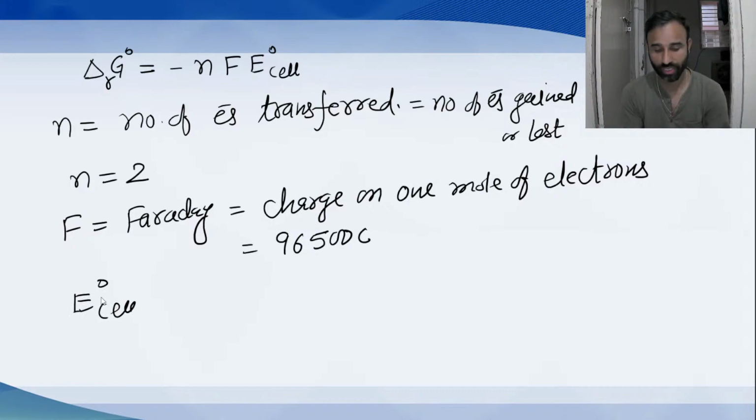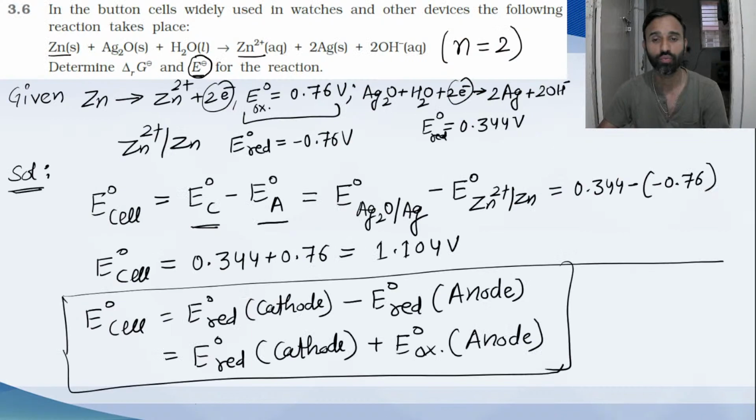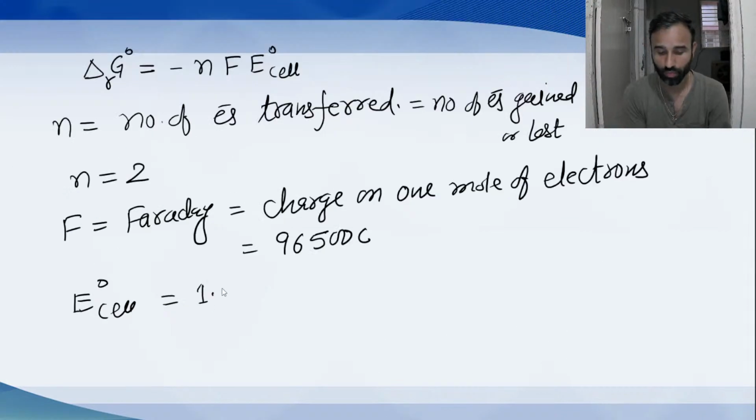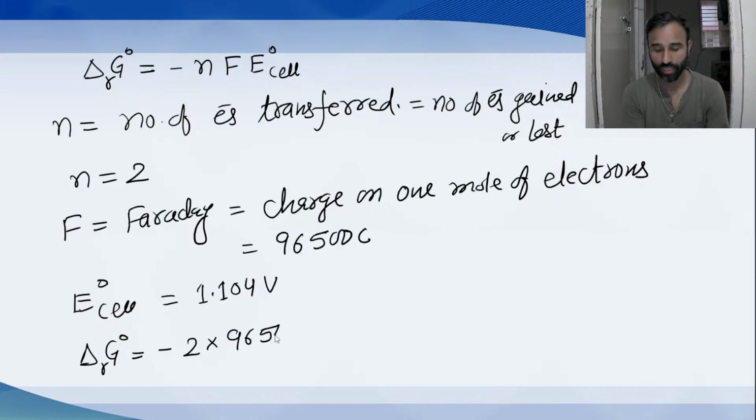Now the next part is E° cell. E° cell, which we have just calculated, is 1.104 volt. Now ΔG° is equal to minus 2 into 96500 coulomb per mole into 1.104 volt.